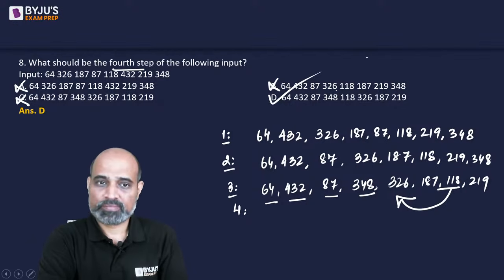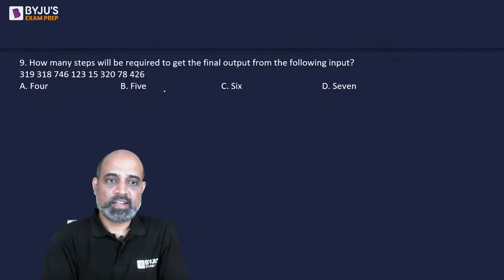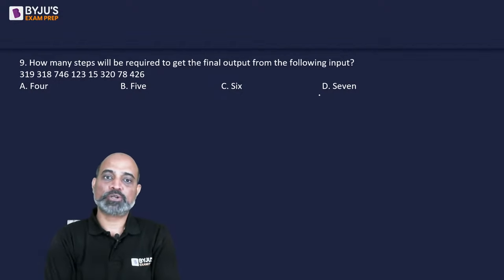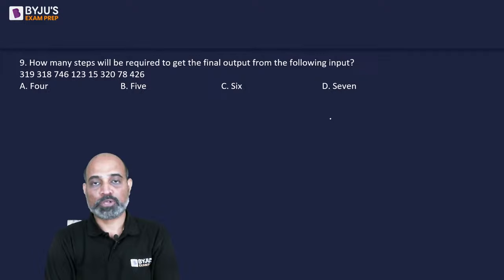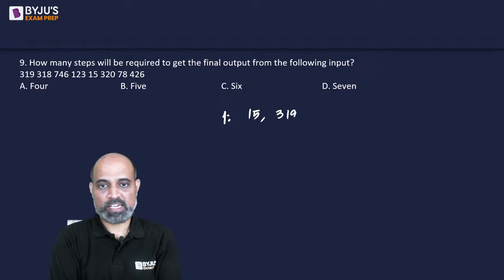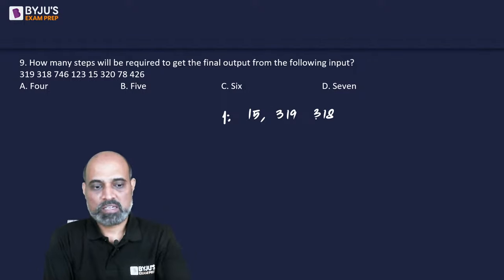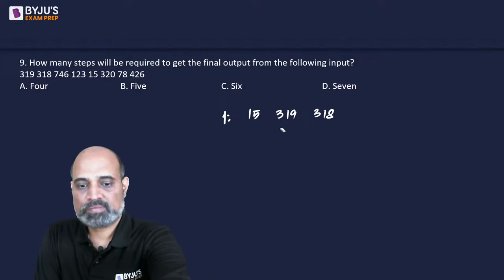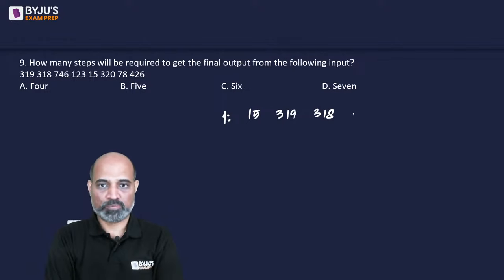Okay. Next one, how many steps will you require to get the final output from the given input? So, first step, we are going to have the smallest number, which is 15. Everything else remains in the same order, but just moved.